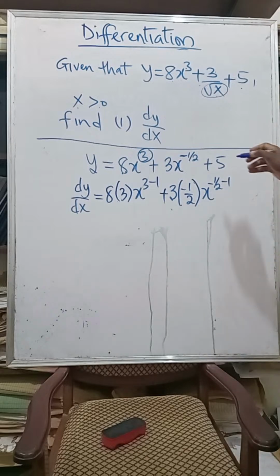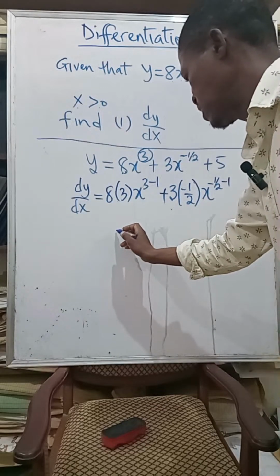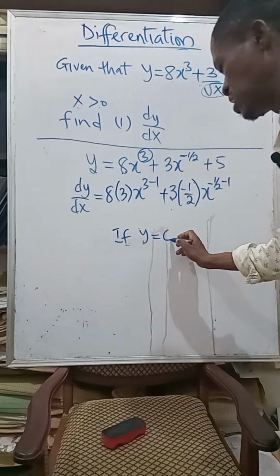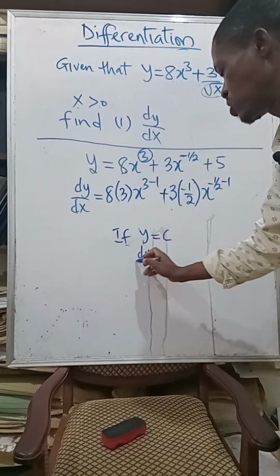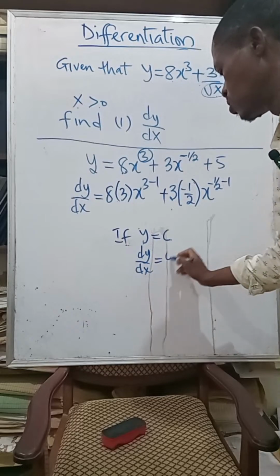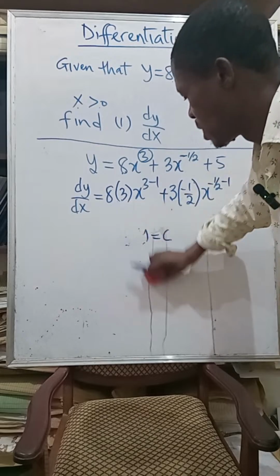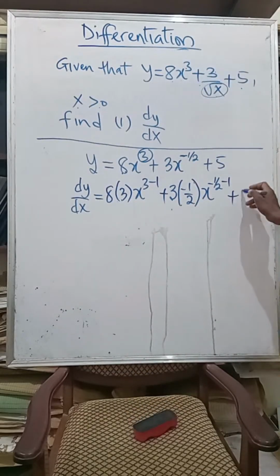And when you differentiate a constant, if y is equal to c, a constant, dy/dx will be equal to 0. So when you differentiate a constant, it will automatically give you 0. So that will be plus 0.